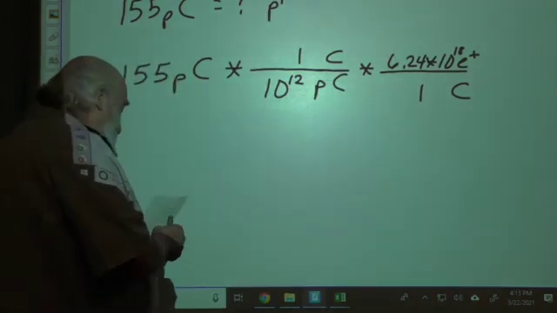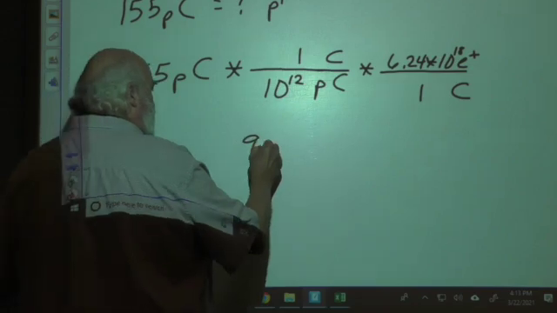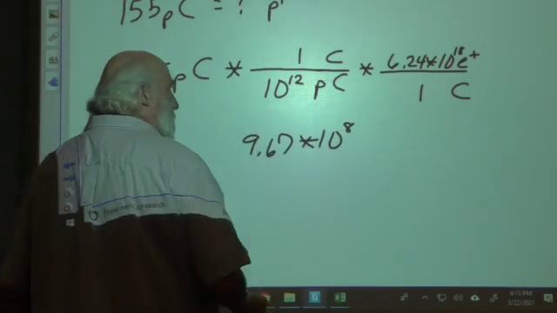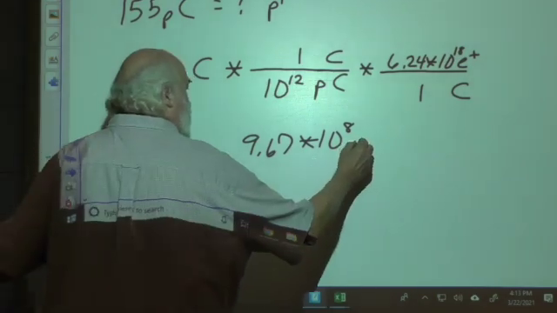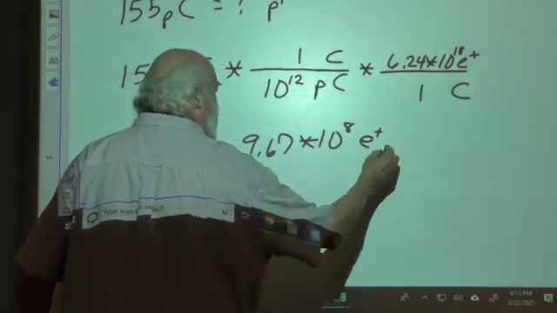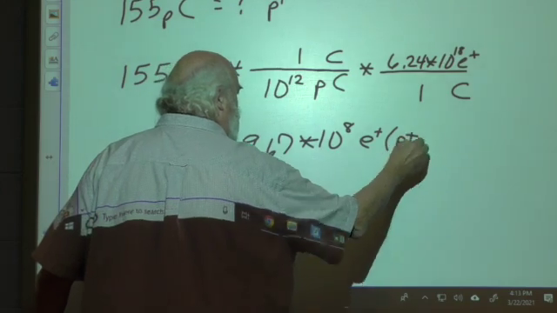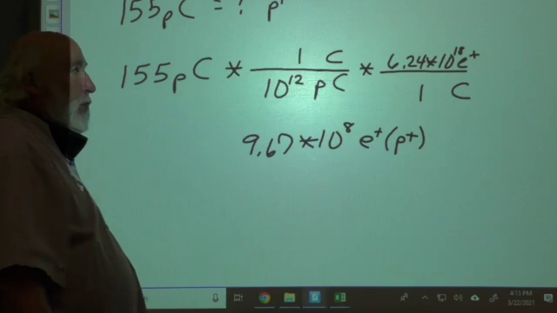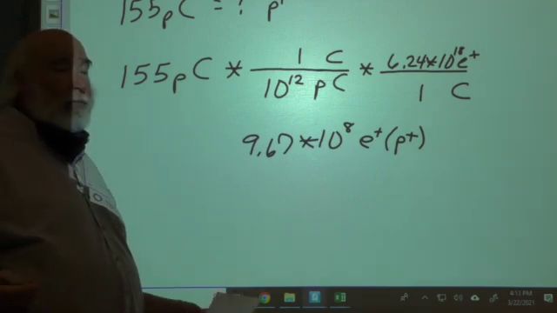I work that out, and I get 9.67 times 10 to the 8th e positive, or protons, either one. The designation means basically the same thing. And that's all there is to that.